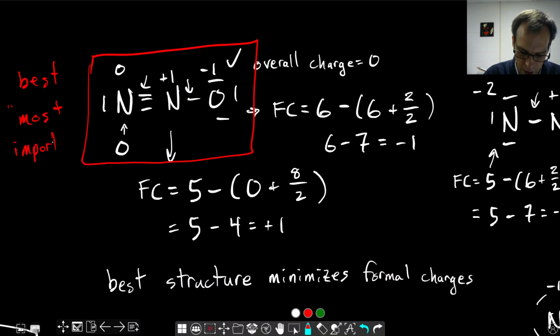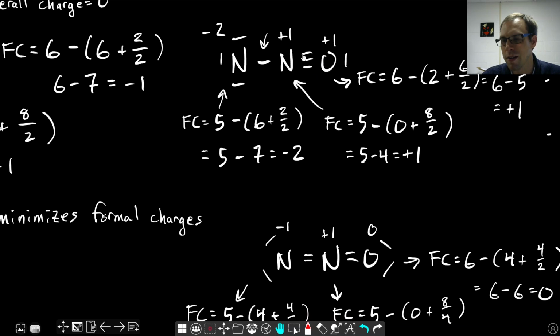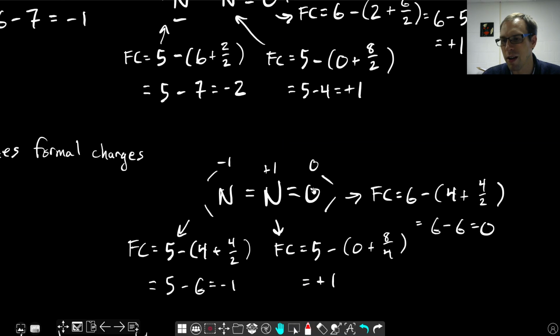It's not to say that these other structures are not valid resonance structures, just that they contribute less to the overall electron configuration of the molecule. So our molecule is most going to look like a triple bonded nitrogen and a single bonded oxygen, but because of the resonance, we still will have some character of some of those electrons being shared.